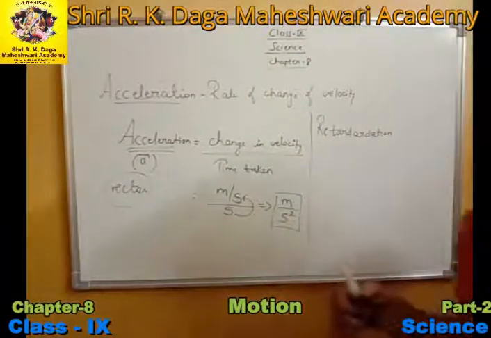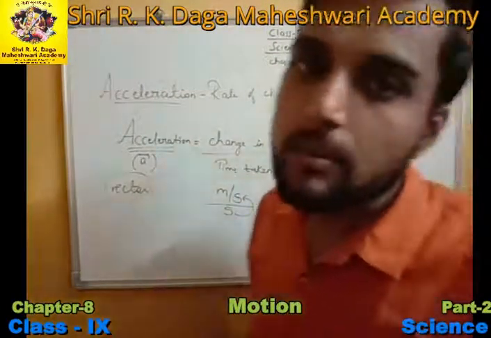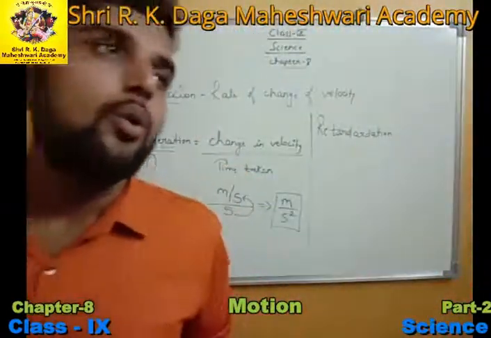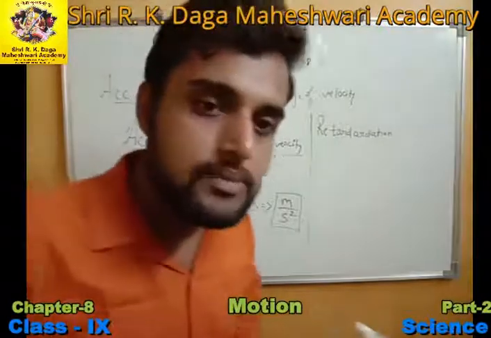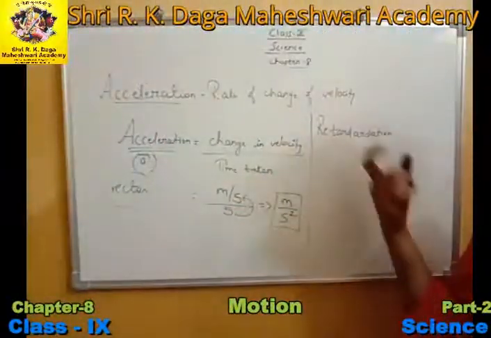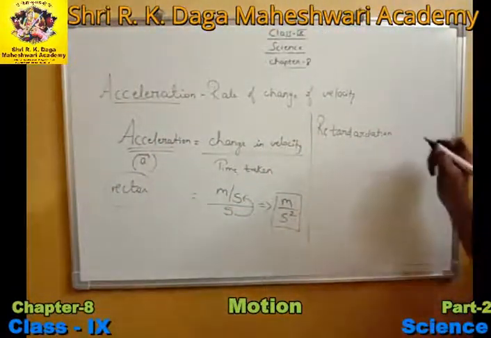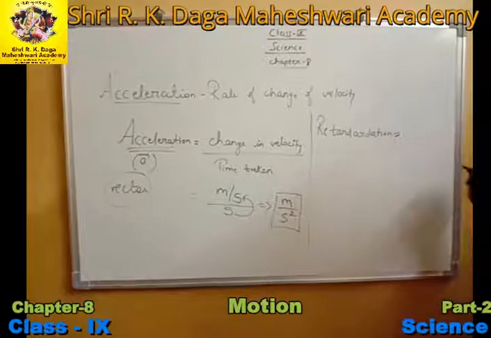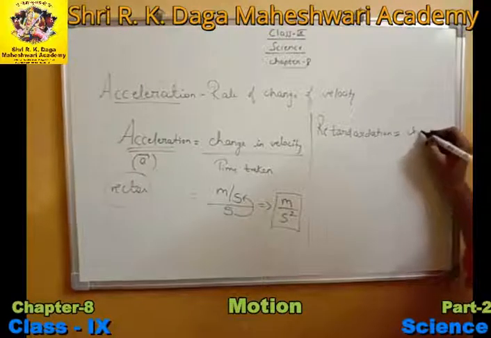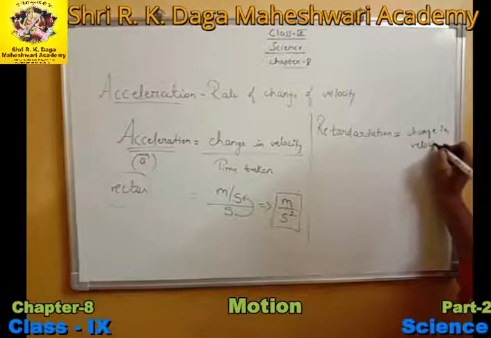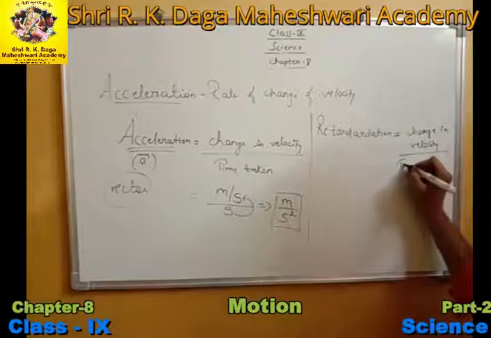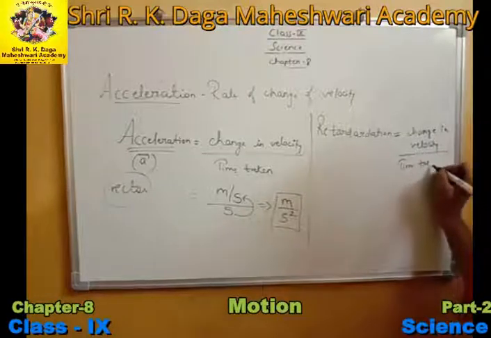Similarly, what will be the retardation? Retardation is just the opposite of acceleration. The only difference is that in acceleration the velocity of the object increases, and in retardation the velocity of the object decreases. The formula for retardation will remain the same.